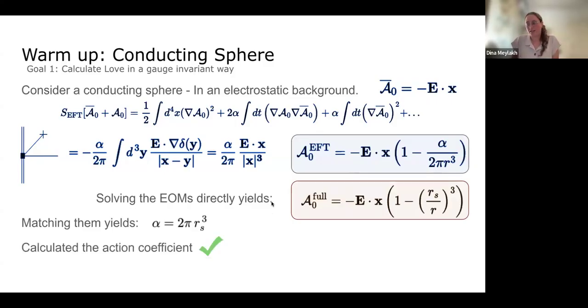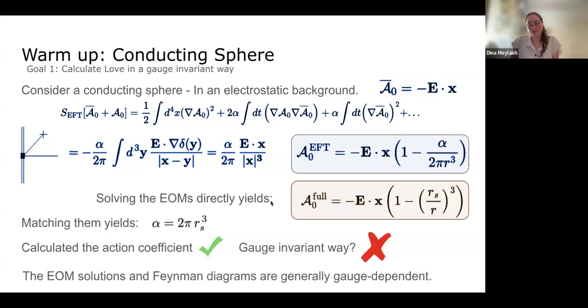So we calculated alpha, hooray. But was this in a gauge-invariant way? No, because both the equations of motion solutions and writing Feynman diagrams are generally gauge-dependent. So this was the way the love numbers were calculated traditionally up to this point in the literature, but we're going to do this in a different way.